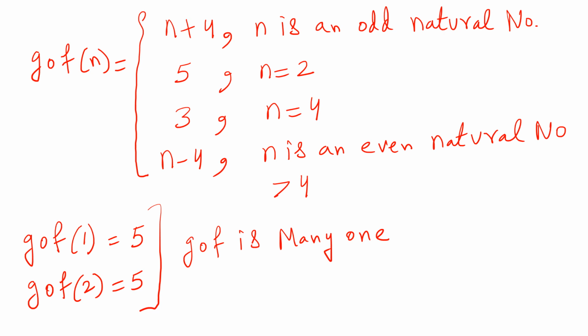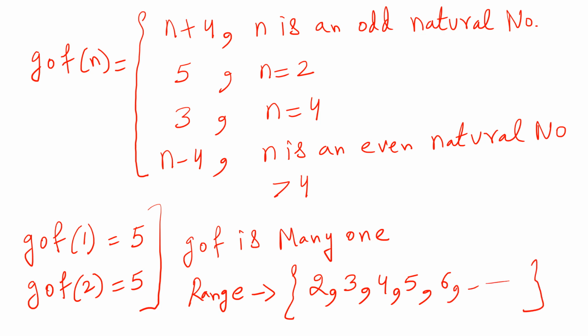And finally, when we put n as an even natural number greater than 4, then we get the set of outputs as the set of all even natural numbers, that is 2, 4, 6, 8, 10 and so on. So that means if I take the union of all of these sets, then the range of g of f becomes the set containing all the natural numbers except 1, that is 2, 3, 4, 5, 6 and so on.